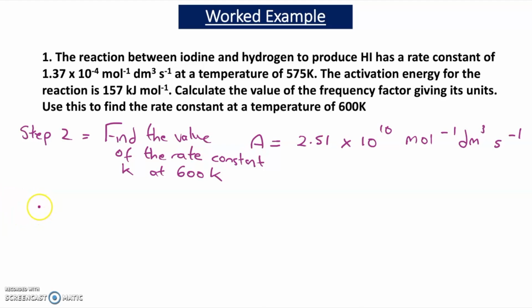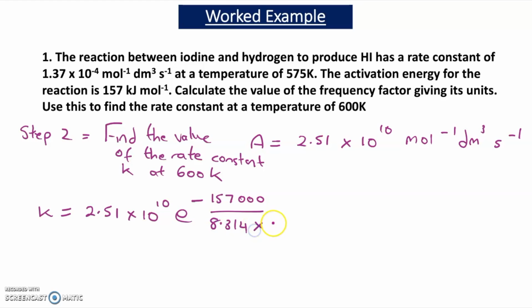So once again, I use my Arrhenius equation. So this will be k is equal to A e to the minus Ea over RT. So k is equal to 2.51 times 10 to the 10, which is the value of A, times e to the minus Ea over RT, which is 157,000 over 8.314 times my new temperature of 600 Kelvin.